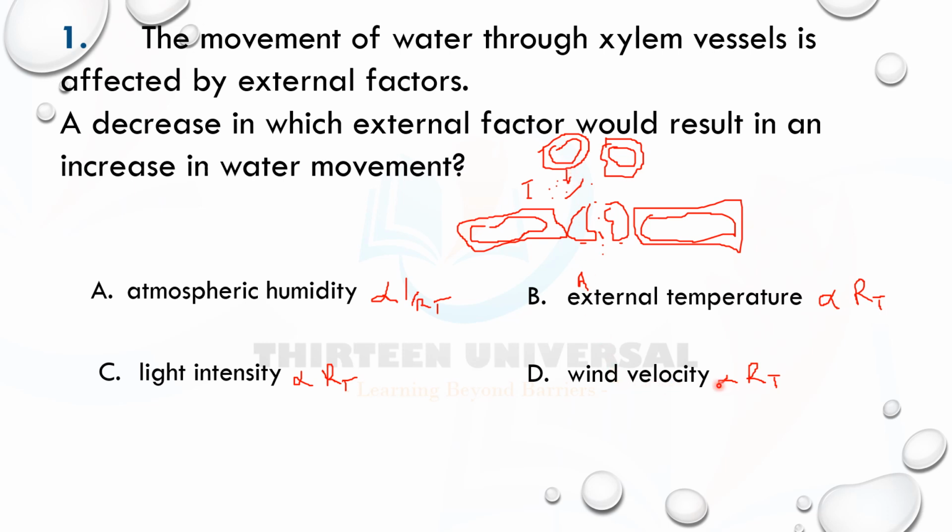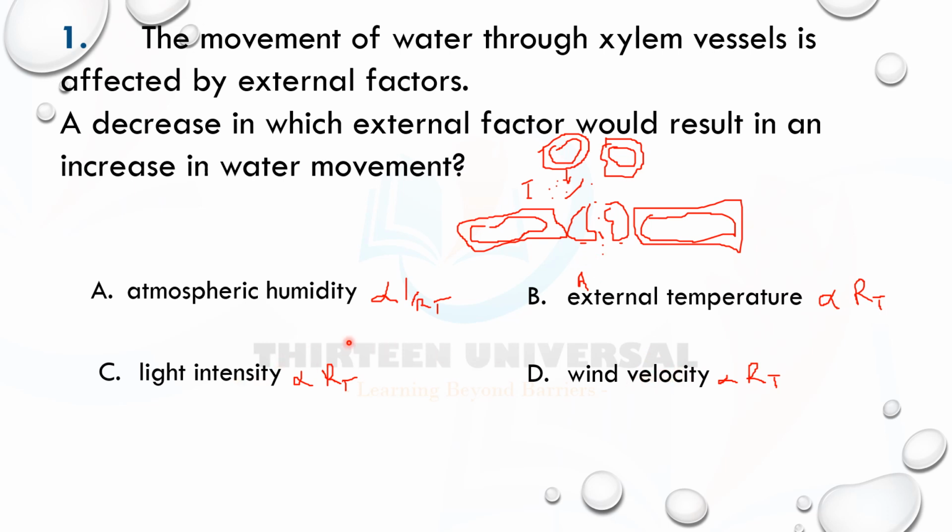When it increases, the rate of transpiration increases, because the humid air layer close to the stomata is replaced by dry air, which increases the water potential gradient. That's why they have direct proportionality.